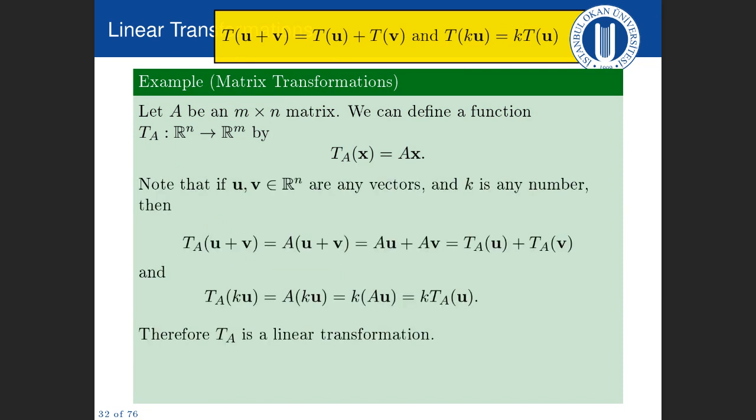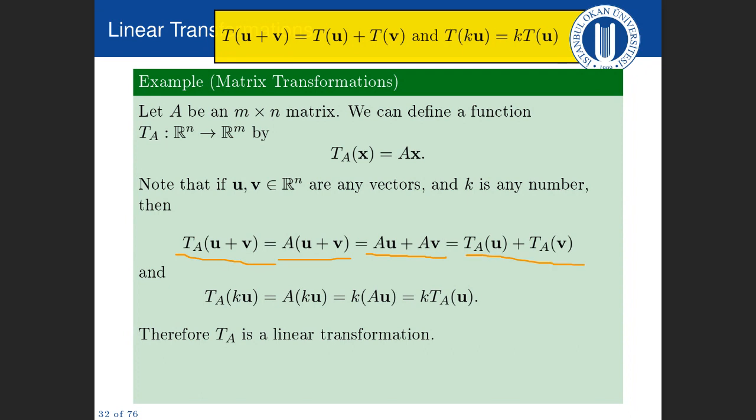Now, if U and V are any vectors, and if K is any number, then we can say TA of U plus V, that means A multiplied by U plus V. But we know from our study of matrices that that's just the same as AU plus AV.